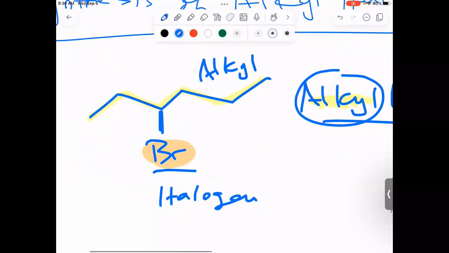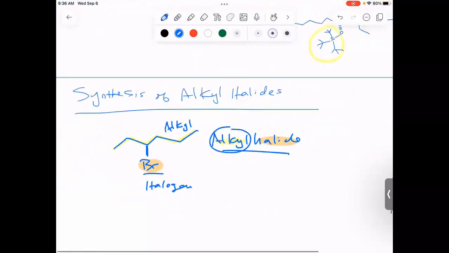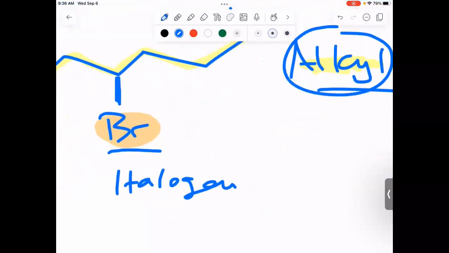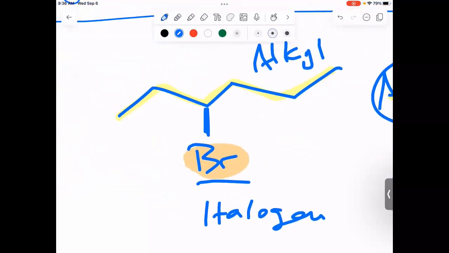Believe it or not, this is one of the most important functional groups in all of organic chemistry. And the reason is, well, let's talk about the reason. It's a very important functional group. The carbon bromine bond. Anybody, is that bond polarized at all, or not?